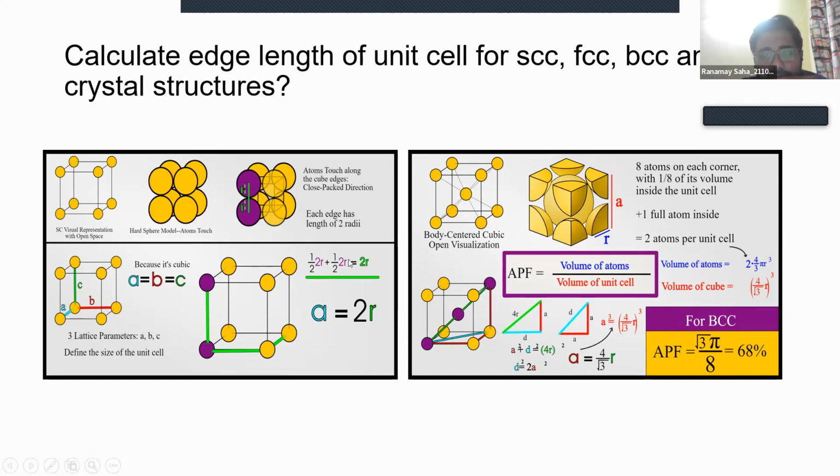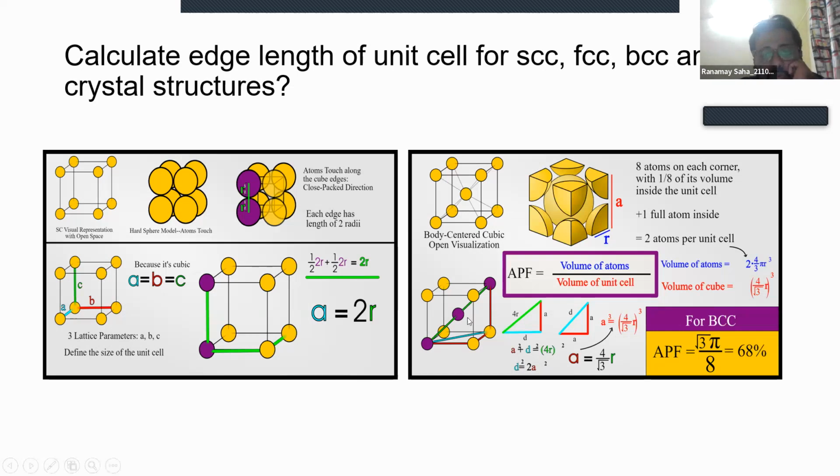This violet one you can see here. So you can take out a plane which meets the 2 diagonal entities of the particular lattice.